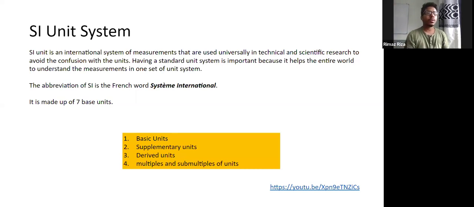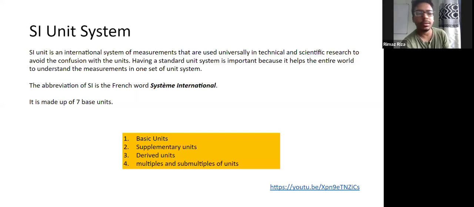Okay, so what are the 7 base units? We know length is meter, mass is kilogram, time is second, electric current is ampere, temperature is Kelvin, luminous intensity is candela, and amount of substance is mole.